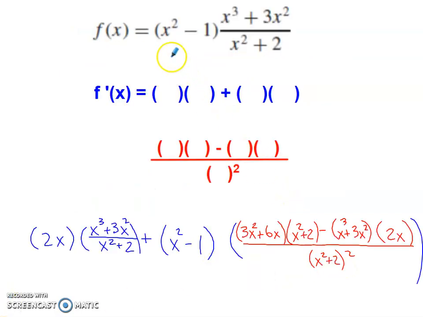So here is the function that we want the derivative of. This is a situation where we see a product and we also see a quotient. Now, there are times in calculus where you will have to nest one derivative rule within another.